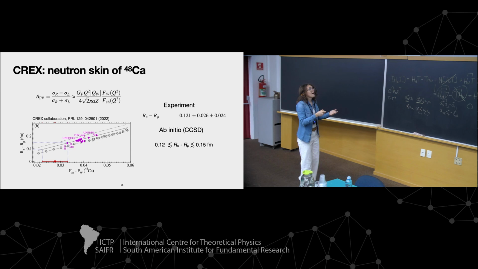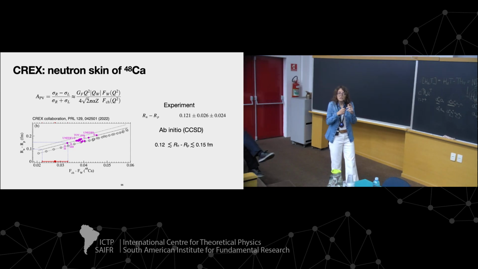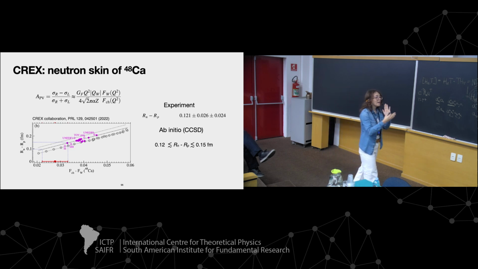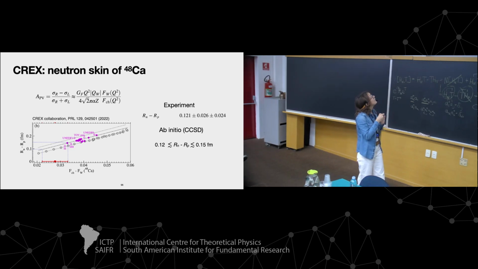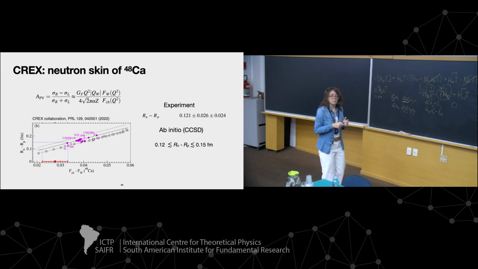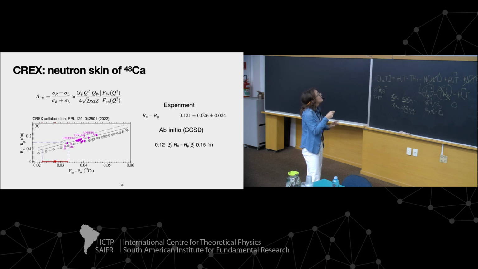And due to the fact that the weak interaction is actually breaking parity, we will have an asymmetry coming out when we compare the cross-section that we obtain with a certain polarization and the cross-section that we obtain with the opposite polarization. And via some theoretical calculation, what one can show is that this parity-violating asymmetry is actually connected to the weak form factor of the nucleus.